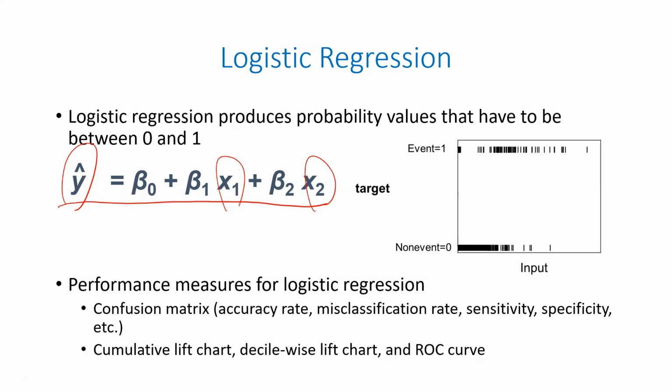And it does that by providing the probability of a case belonging to the target class. A probability value is bounded and ranges between 0 and 1, with 0 being no chance at all and 1 being 100% positive.